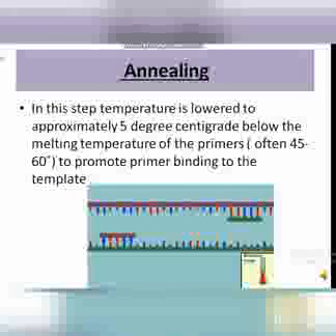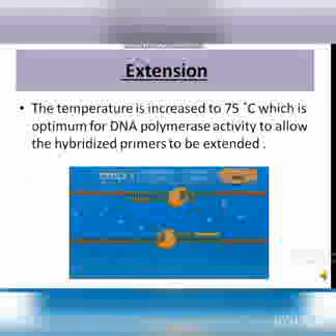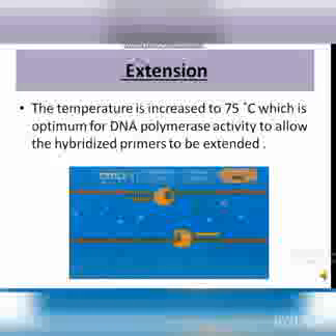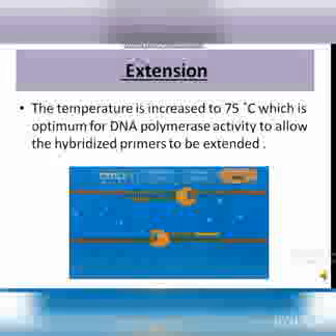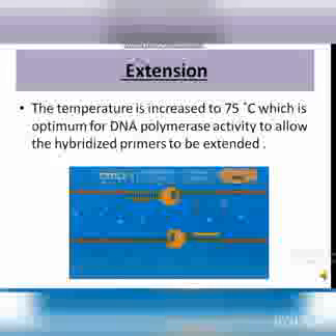In this step, the temperature is lowered to approximately 5 degrees centigrade below the melting temperature of the primers to promote the primer binding to the template. Extension. The temperature is increased to 75 degrees centigrade, which is optimum for DNA polymerase activity, to allow the hybridized primer to be extended.